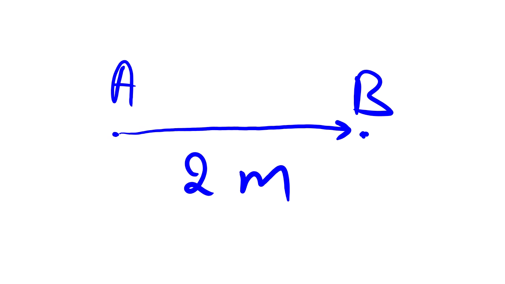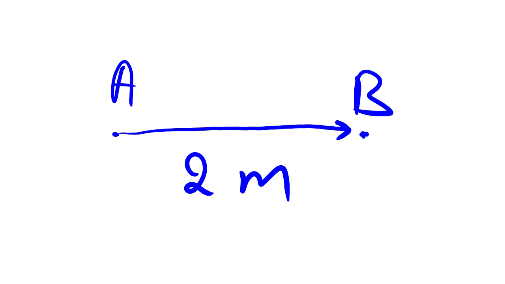Now, the displacement too is 2 meters. What is displacement? It is the change in position of an object, and we use the distance between these 2 points to calculate displacement.